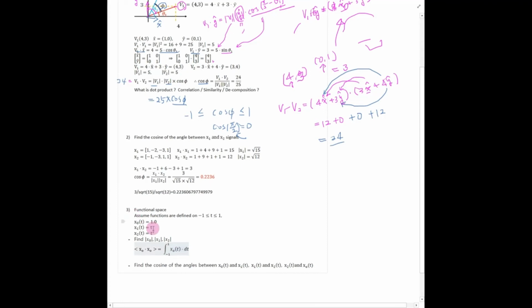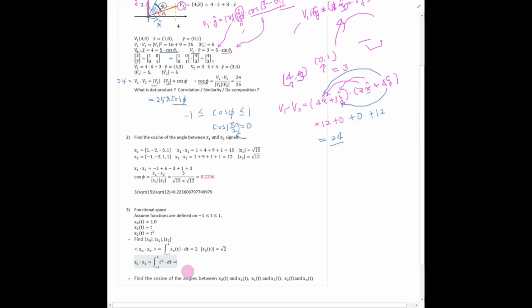So I can calculate that one. You know that x0(t) is 1, so that is obviously 2. It means the magnitude of x0(t) equals the square root of 2. Similarly, what about x1(t) dot x1(t)? It's the integral of t squared dt. The self product of x1 is defined like that.